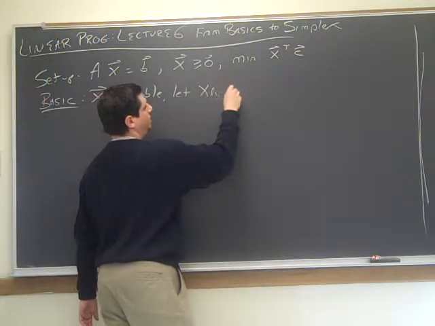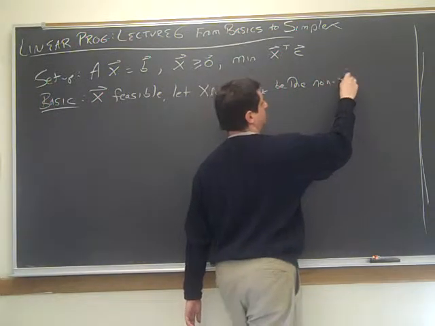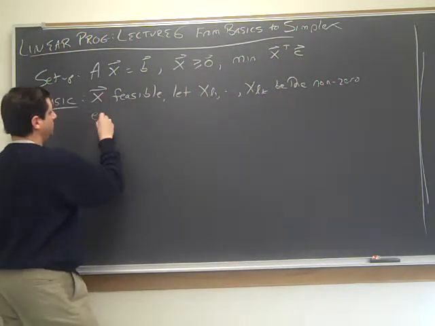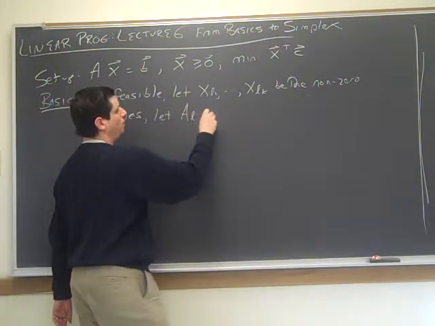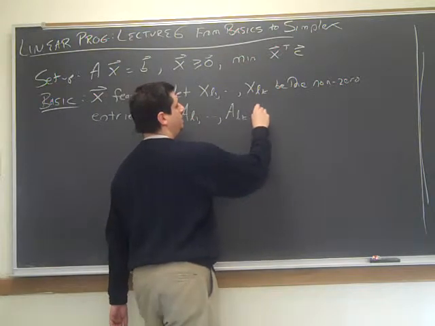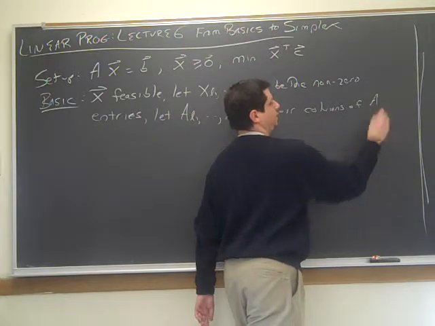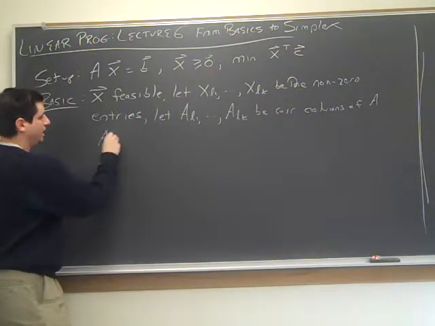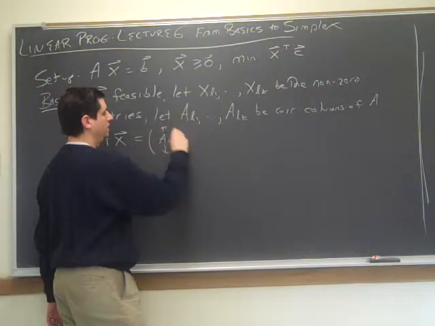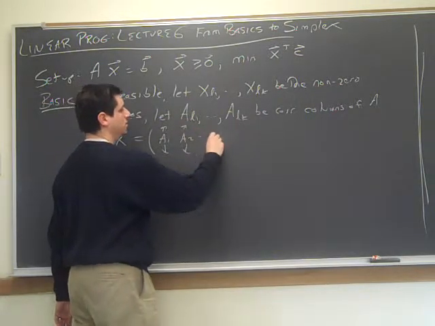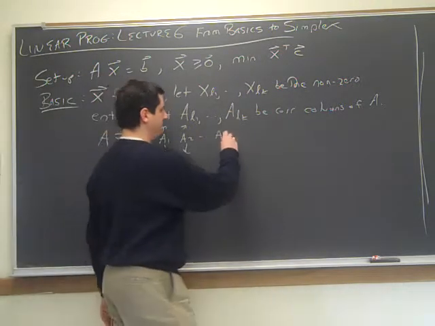Let X_L1 through X_LK be the non-zero entries of X. And then let's let A_L1 through A_LK be the corresponding columns of A. So again, when we look at the matrix A acting on X, we can write this as here's A1, here's A2, and so on, n columns.